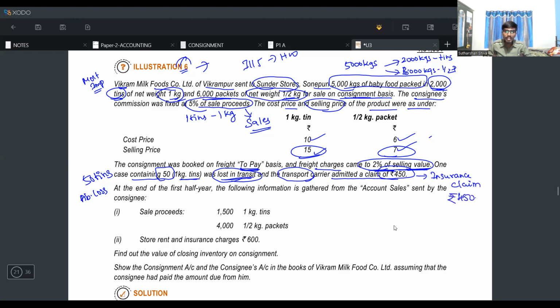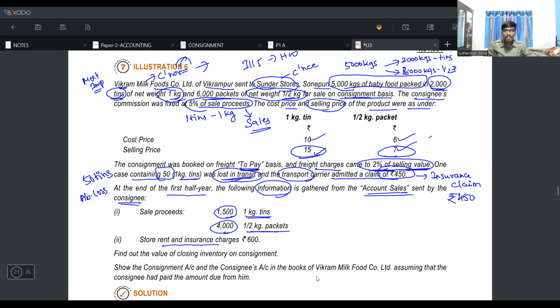Then at the end of the first half year, the following information was gathered from the account sales sent by the consignee. Sundar Stores is the consignee and Vikram is the consignor. From the consignor, sale proceeds is given: 1,500 1 kg tins and 4,000 half kg packets have been sold.